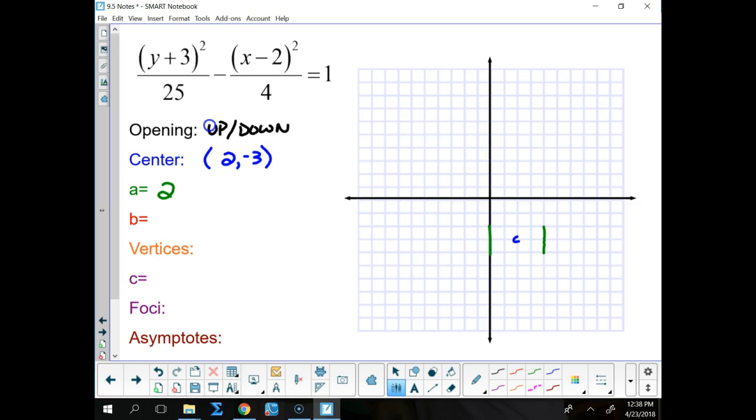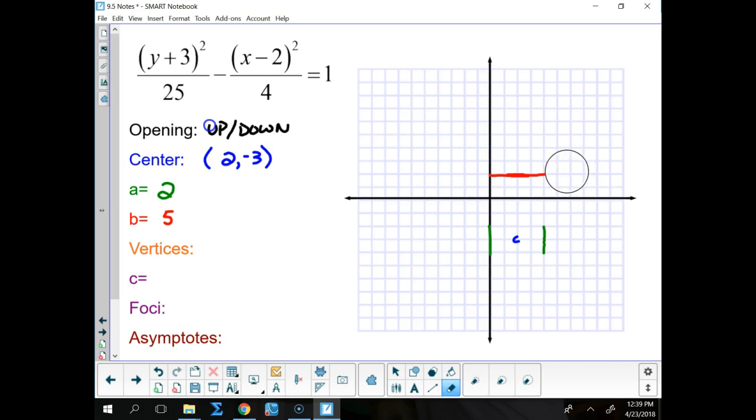B. What's our B value? 5. 4 and 5. Oops, I went too far.